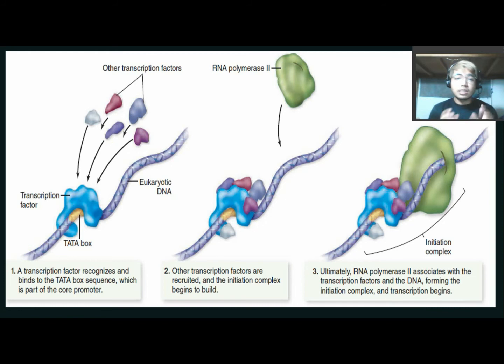But basically, they will just create the transcription factors for initiation, which will then attach to the TATA box, then the RNA polymerase will enter the picture and do the process. The same process that was done earlier.